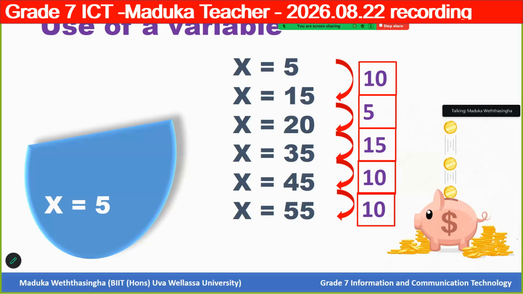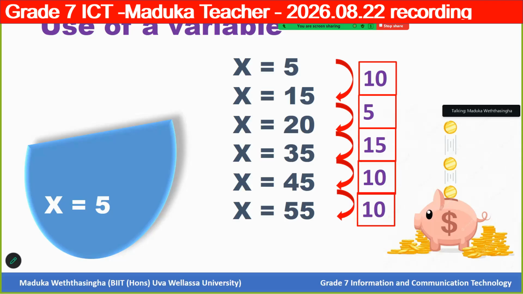Now, what's the value in the till? Till එකේ අගය කීයද දැන්? 5, right? It's 5. So the till is a storage container. It's a container. We can store coins. But now the value of the till is 5 rupees.